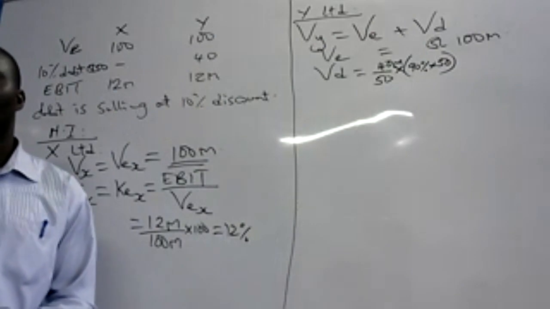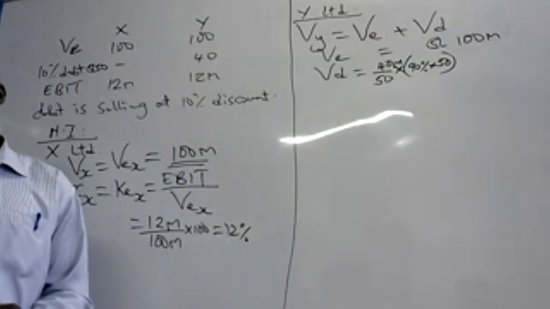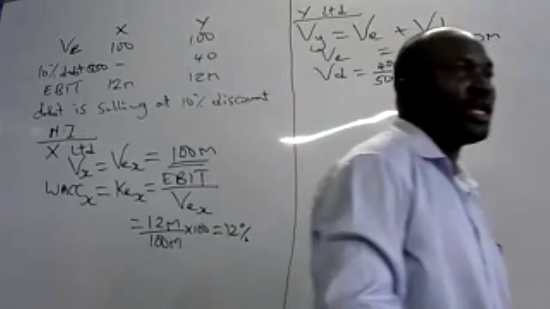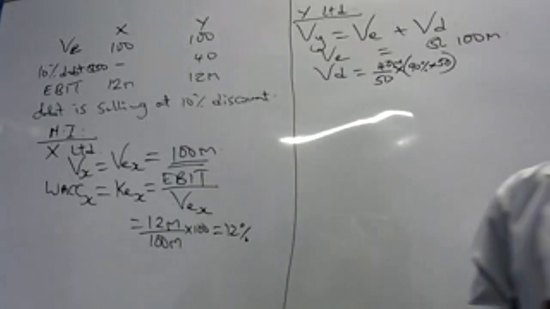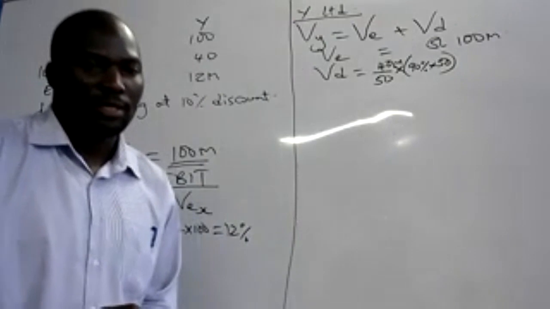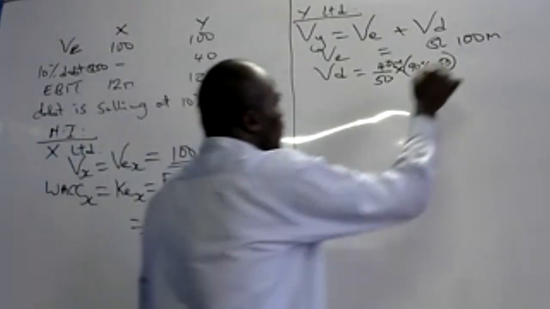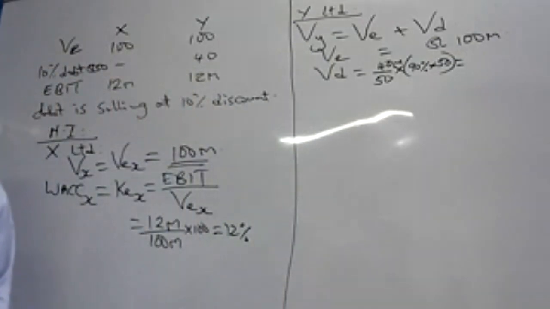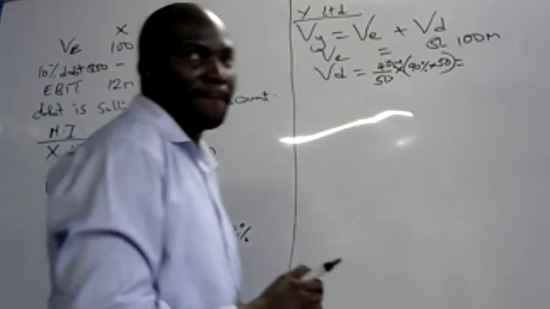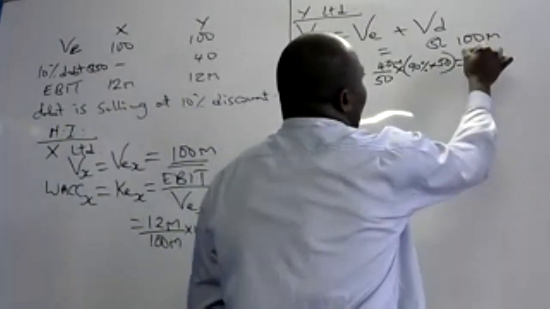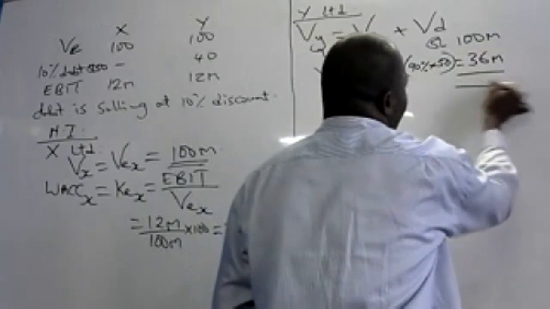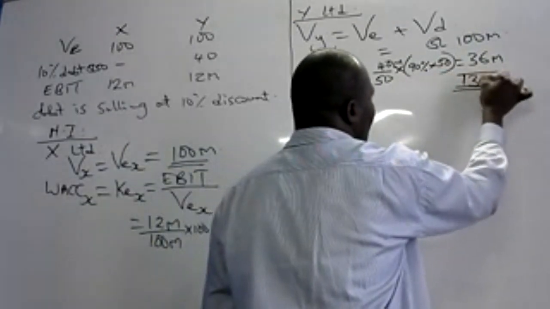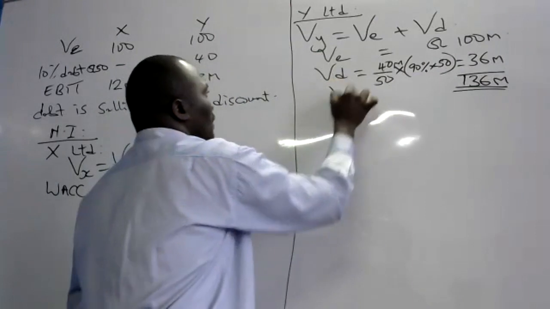It is sold at a discount. If we give it a discount of 10%, it means it was at 90%. If it were a 10% premium, it would be sold at 110%. Premium increases the price, discount reduces the price, right? That gives us a value of how much? $36. $36, right? So therefore, we have the total value of 136 million. That is the value of Y.